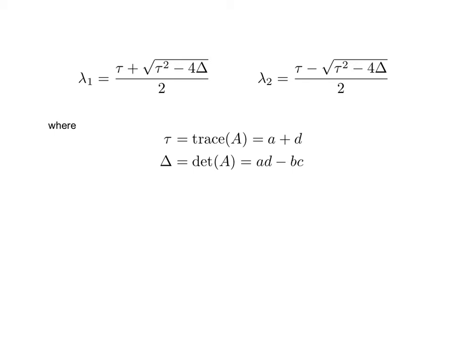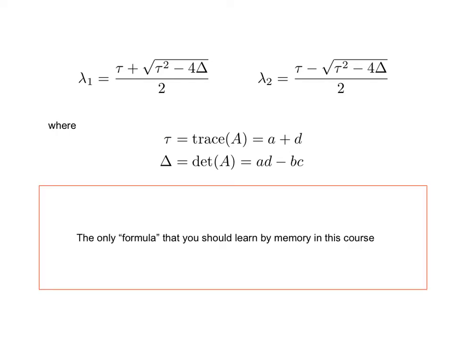The quadratic formula can give us the solutions lambda 1 and lambda 2 in terms of the trace and determinant of A. If you haven't done it yet, this is an opportunity: it's a good idea to have this memorized. It is a short formula, and maybe you already know it from school.